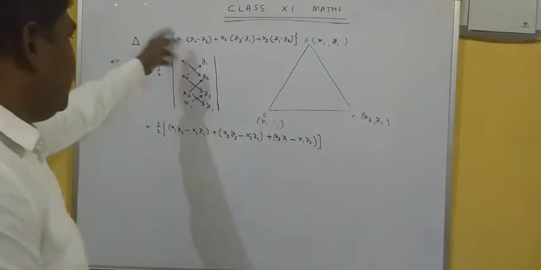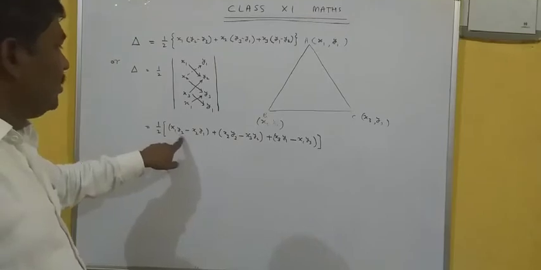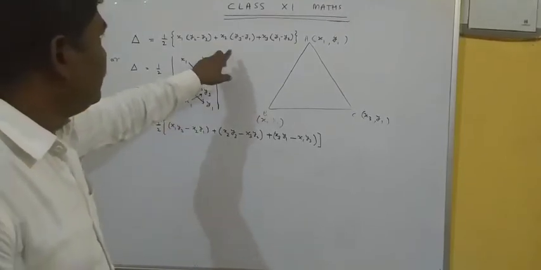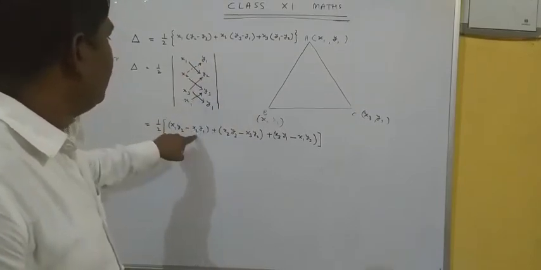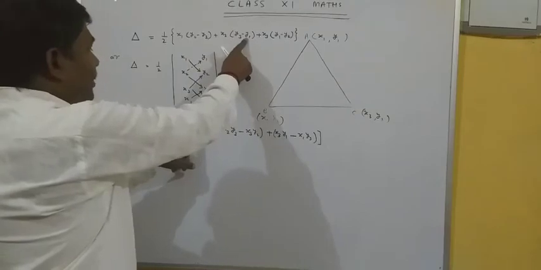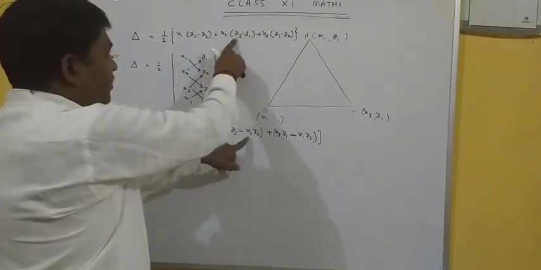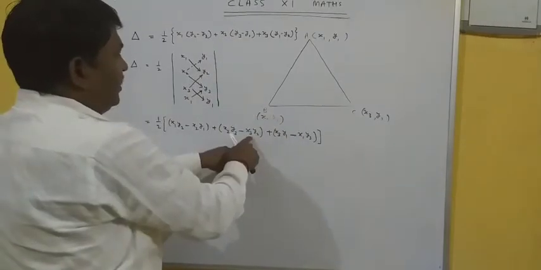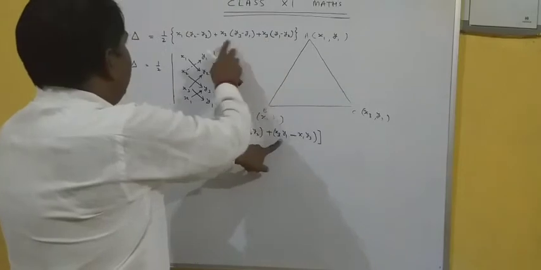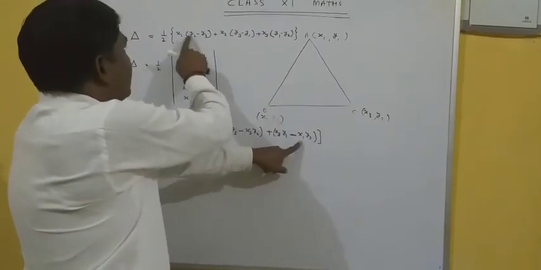From here you can see, here you will get x1 y2, you are getting x1 y2. Are you getting anywhere minus x2 y3? You can see minus x2 y1, here you will get plus x2 y3, you are getting here minus x3 y2, here plus x3 y1, minus x1 y3.